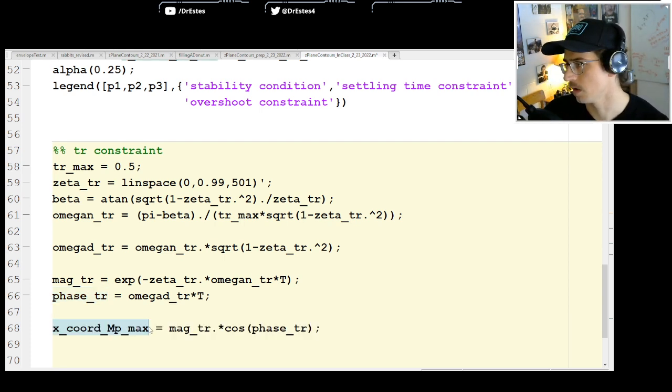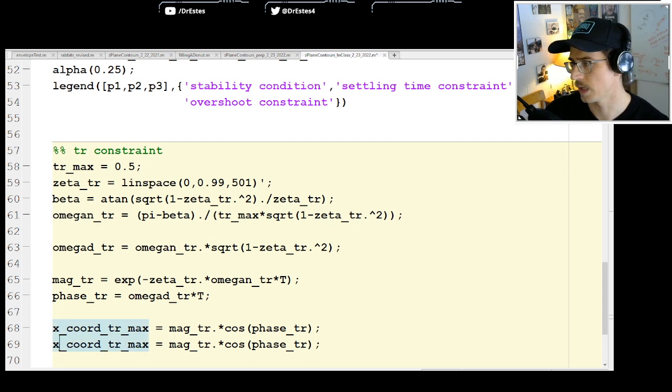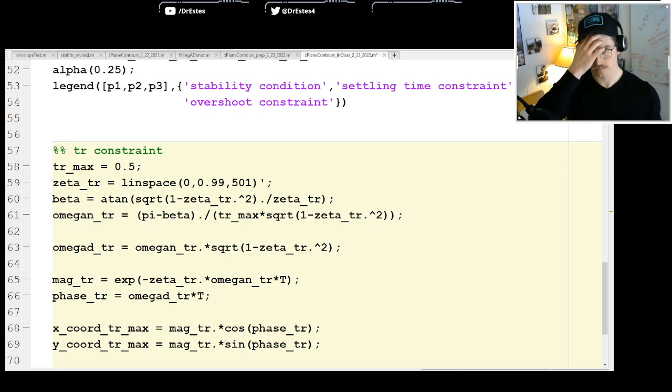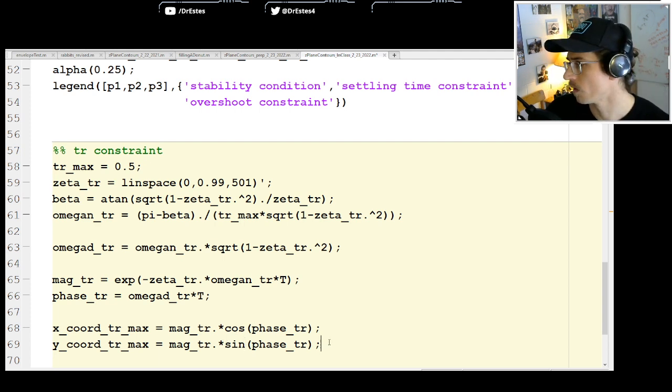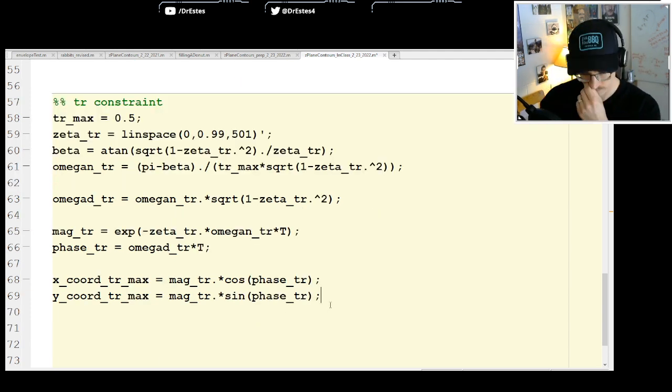And then let's change this, it should be for the rise time. And we're going to do the y coordinate, but we need the sine.